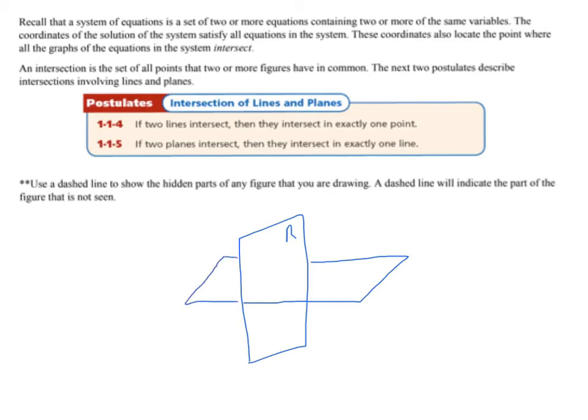Then if I want to show their intersection, they actually intersect at this little dotted line right here. So this little dotted line from this point to this point is the intersection. Because both of these planes are two-dimensional, when they intersect, their intersection is not going to be one point, but a collection of points. In other words, a line.